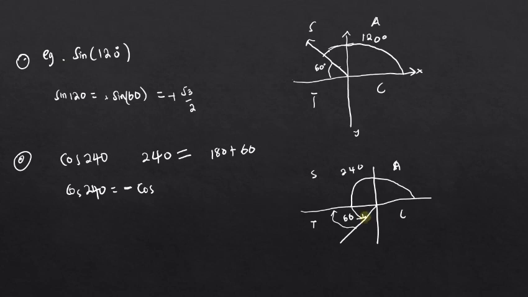We are not talking about the angle that this line makes with the y-axis. You're always talking about the angle made with respect to the x-axis, which is 60 degrees. And then when you compute this, you get negative 1/2.